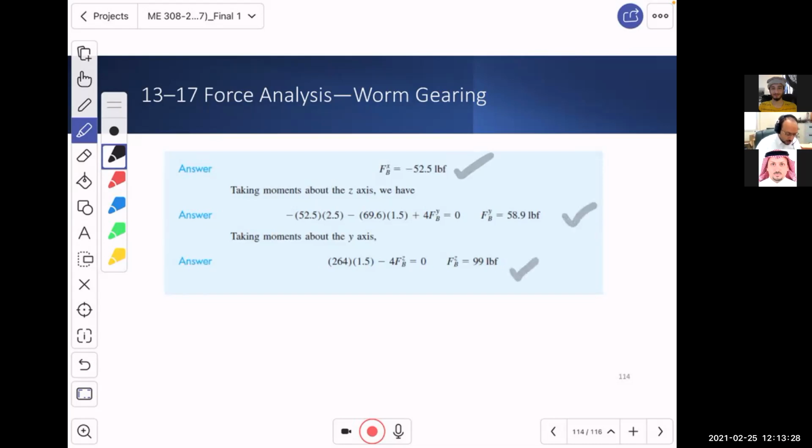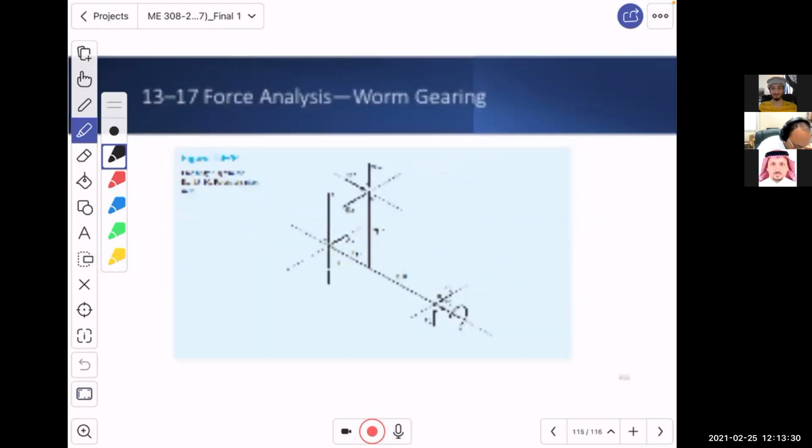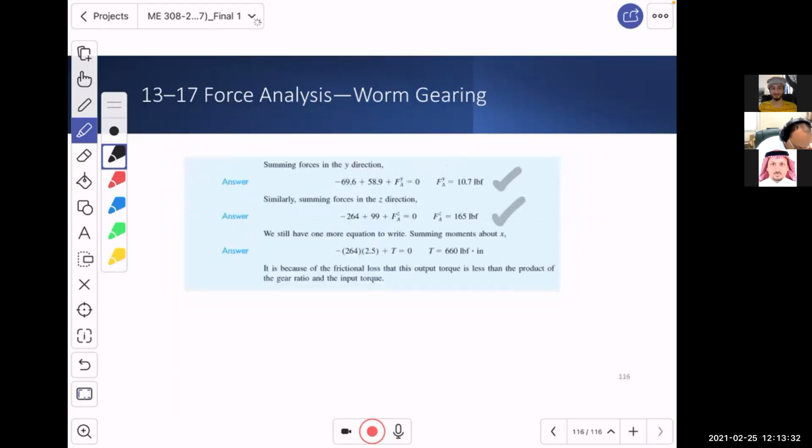Then in the last slide, we have FAy, FAz, and that's it. FA doesn't have a thrust, while FB has a thrust because it's assumed that bearing B will carry the thrust load. We know that only one bearing will carry the thrust load, not both of them. And that's it. This is the torque.